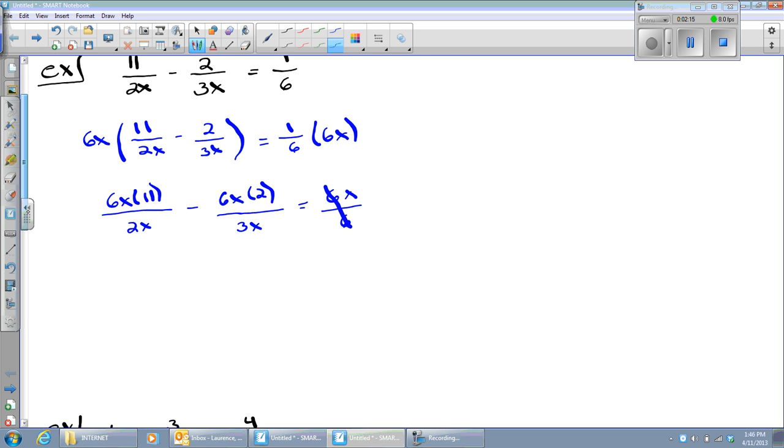All right, now I can also see that this 2x and this 6x can simplify, so that's going to turn into a 3. And same with this side. This 6x and this 3x will cancel, and that is going to leave us with a 2.